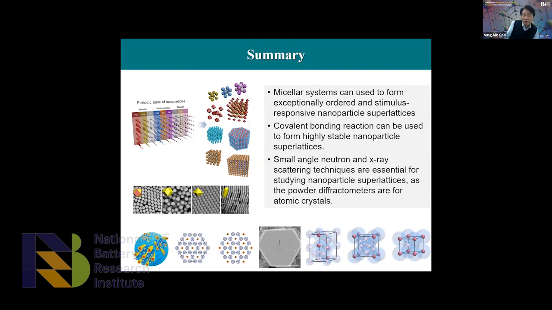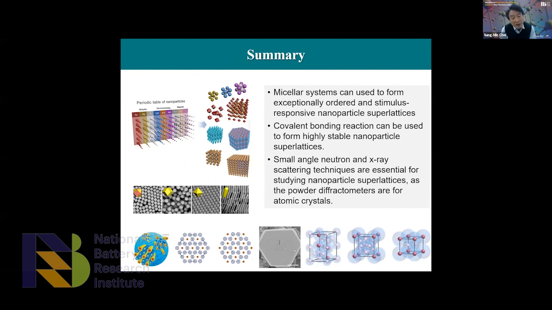For the moment, we have demonstrated this with a single gold nanoparticle only, but we are also in the process of forming binary structures, for example one particle is gold and another is a semiconductor. We can also consider gold with a magnetic particle, and then we can have different properties for different applications.